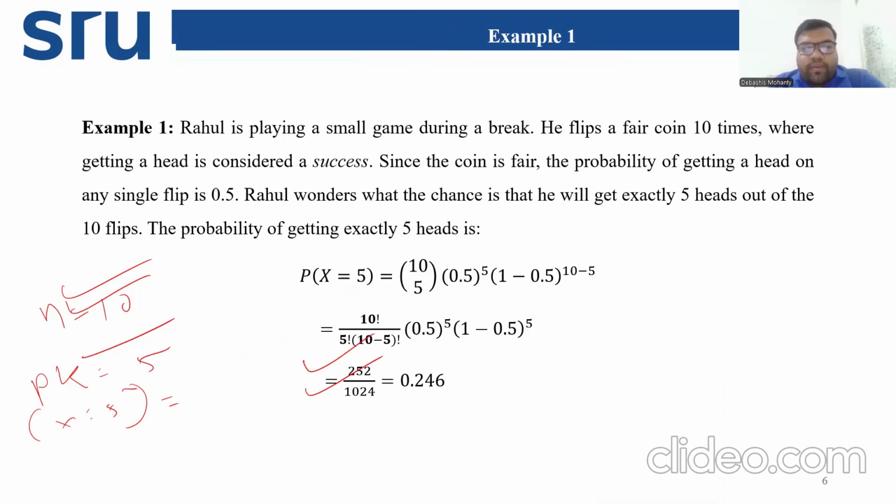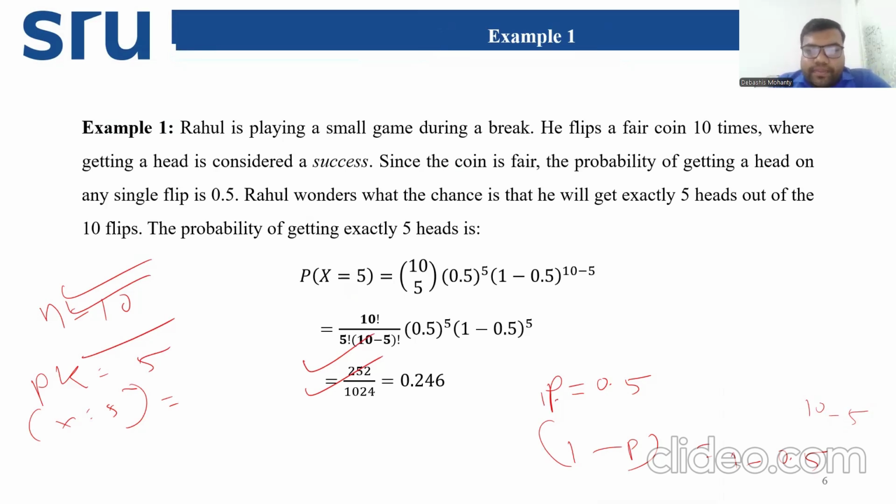Now we use p raised to the power k. Here p equals 0.5, because it is mentioned that the probability of success, the probability of getting a head in a single play, is 0.5. Similarly, 1 minus p is 1 minus 0.5, raised to the power 10 minus 5. 10 is the n, and 5 is the number of successes.